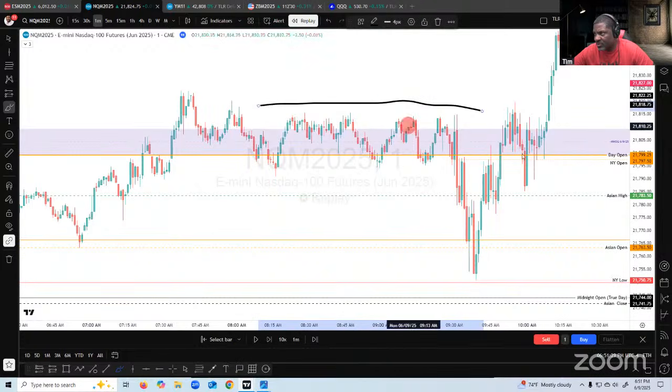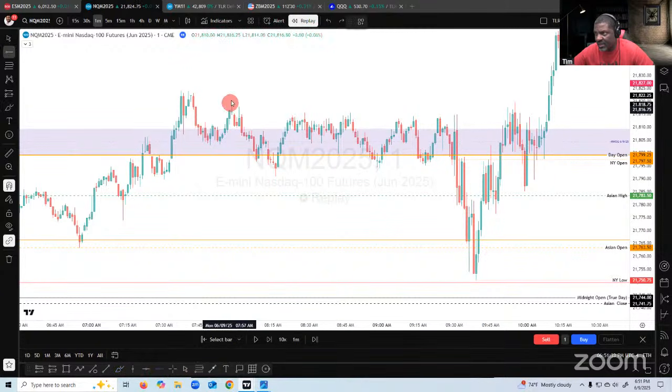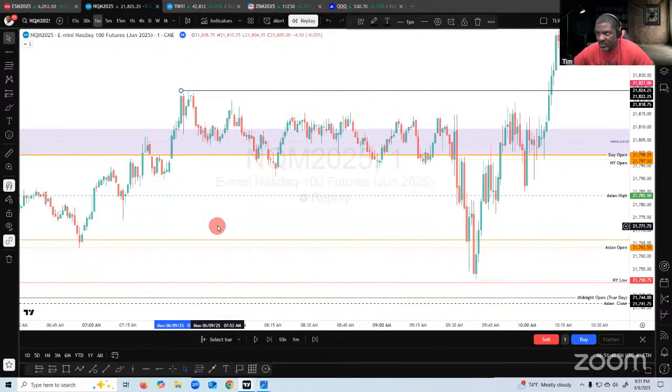Took out that short-term buy side there, creating relative equal highs with this 758 high over here. And if you look further back, also this 737 high over there, right?